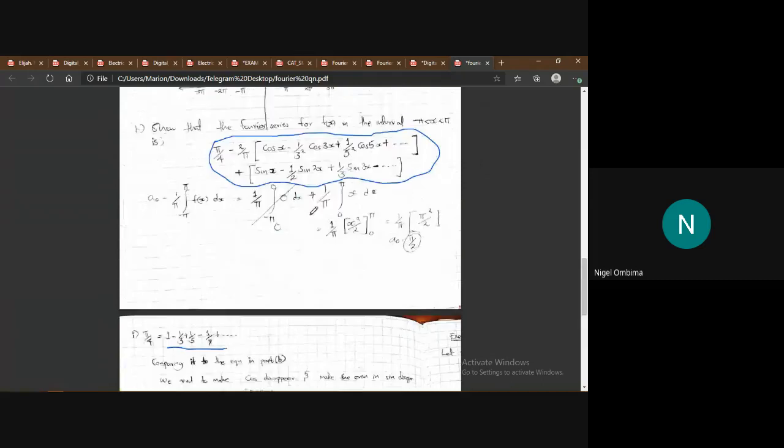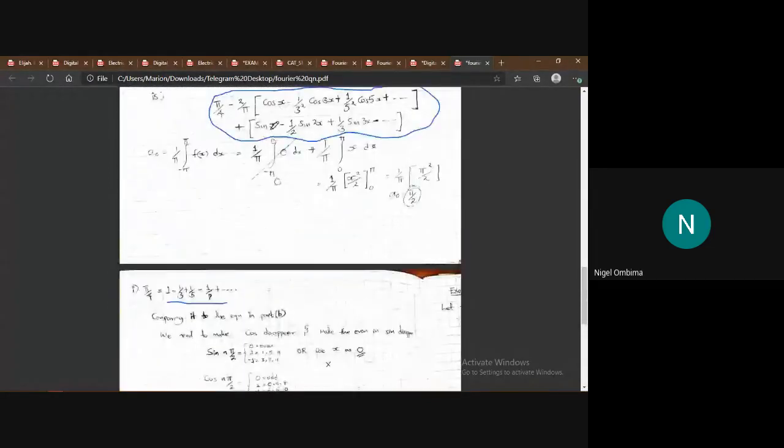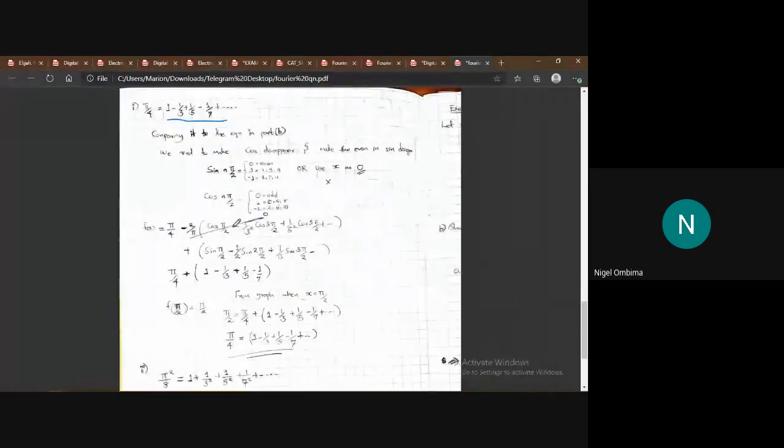So when we input x here as pi over 2, I replaced the x values over here with pi over 2 like this. But from the facts that we've known above, cos of n pi over 2 for odd values will give 0, and all our numbers of cosine functions, the n now, they are all even.